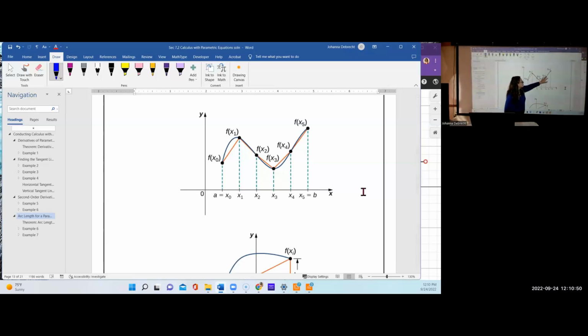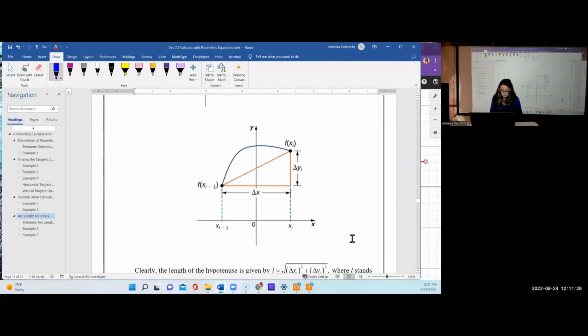So we've got this blue curve here, which is a function. And what we're going to do is approximate this curving section of the blue graph right here with this straight line segment, which becomes the hypotenuse of a right triangle. The right triangle, of course, is right here, and this becomes the hypotenuse of it. And so we're taking the hypotenuse of that right triangle and using that to approximate the length of the blue arcing curve over the subinterval between x sub 0 and x sub 1.